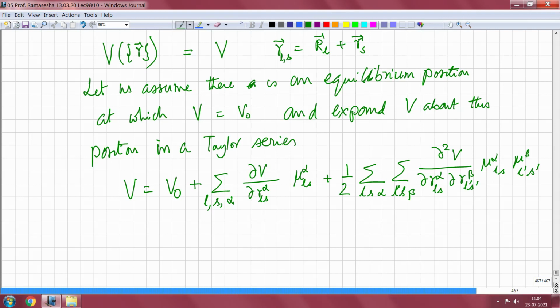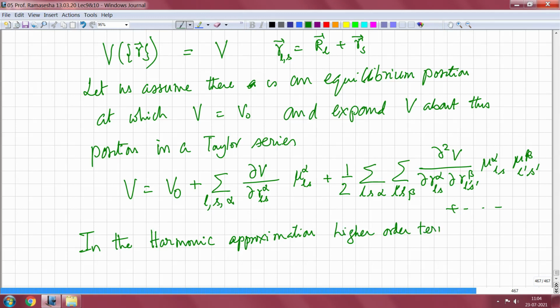So this is what I would get if I ignore all the other terms. So in the harmonic approximation, higher order terms, higher than the quadratic, are ignored.